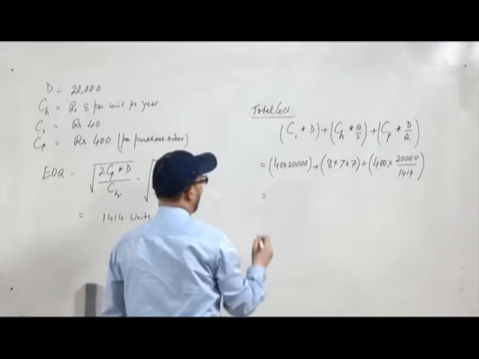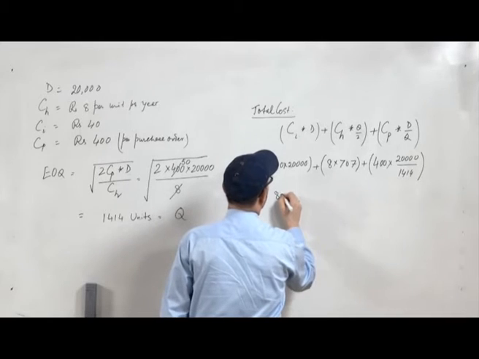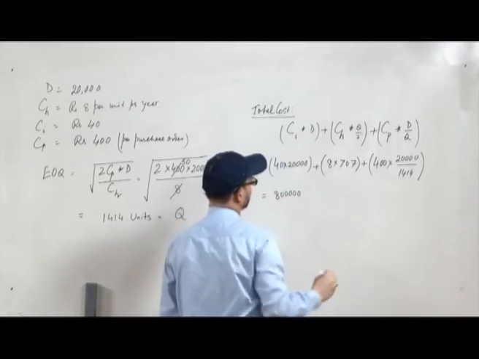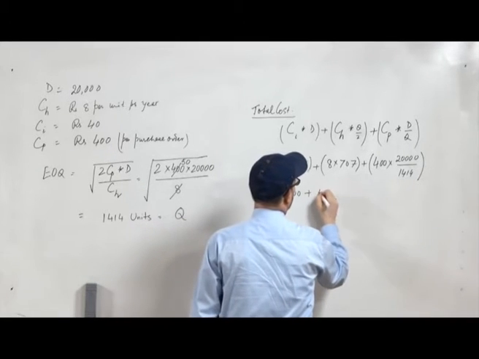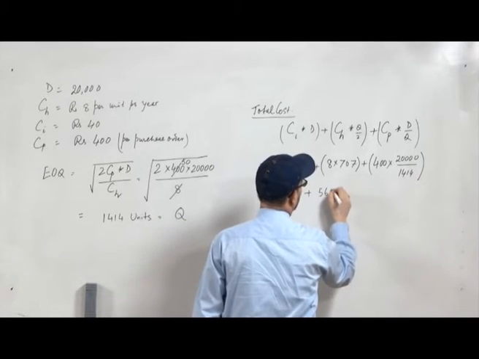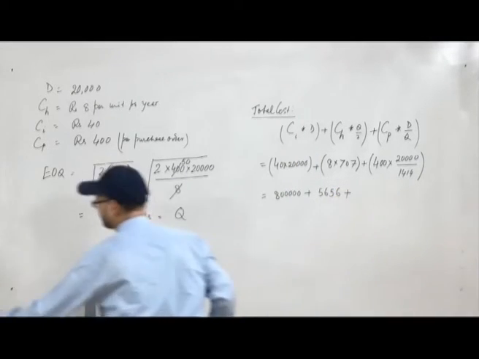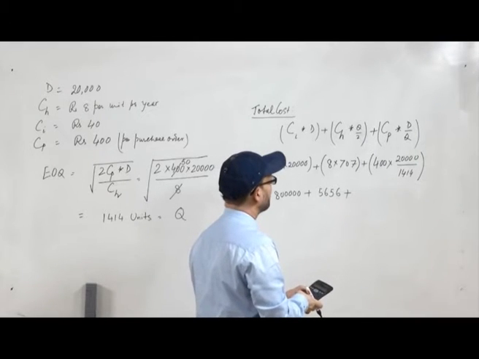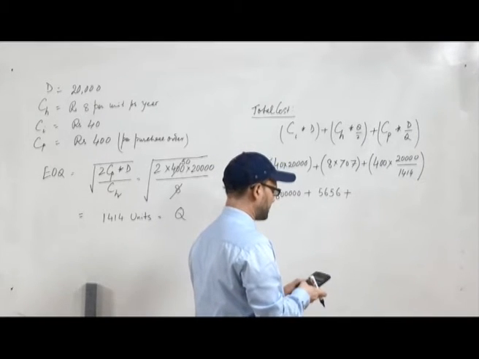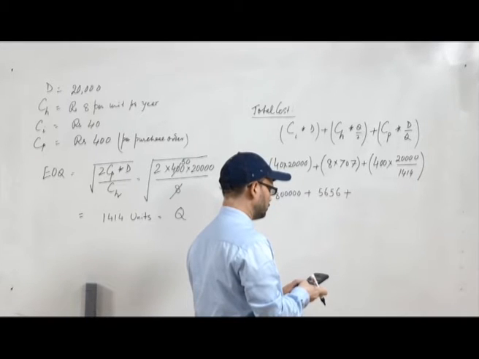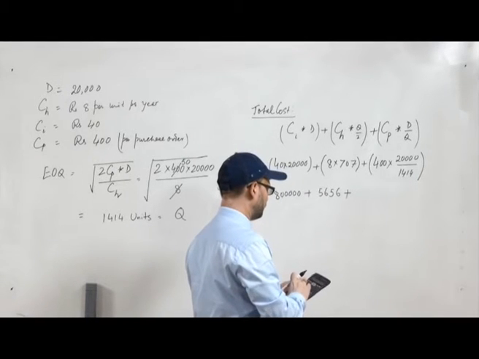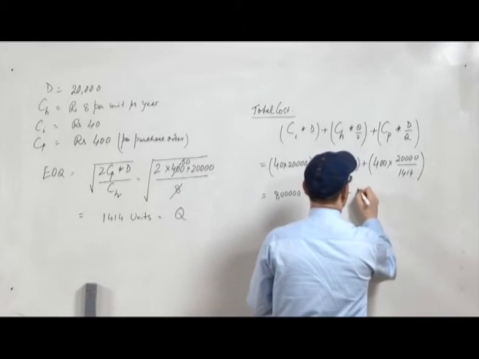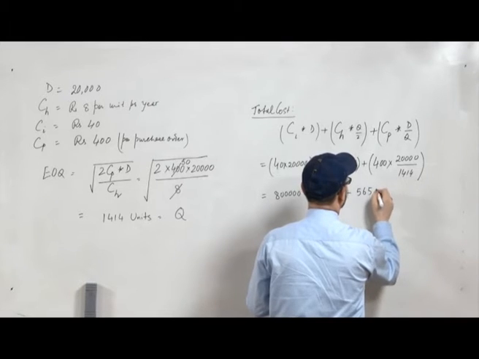Now, we have to find the sum. It will be 800,000 plus 5656 plus 800,000 divided by 1414, that is 5657.7, that is 5658.